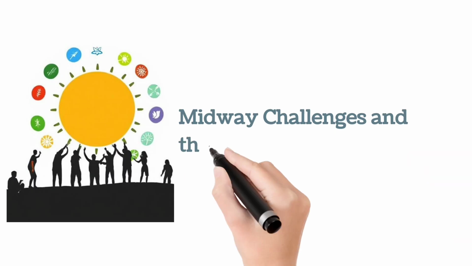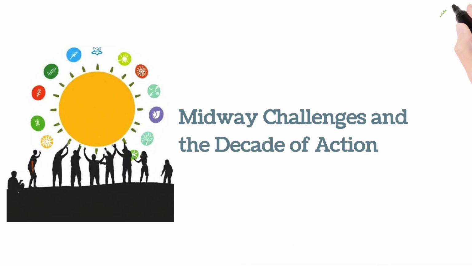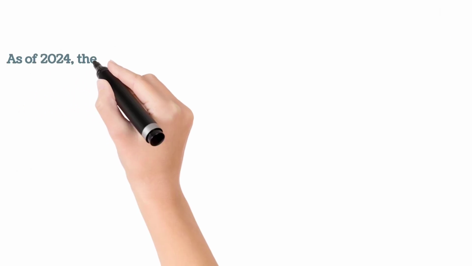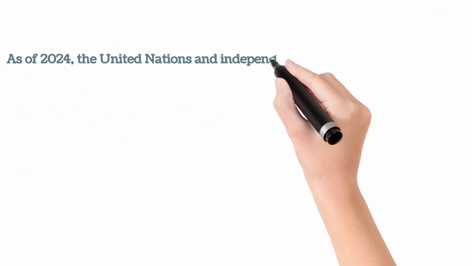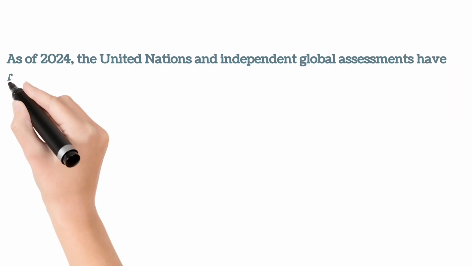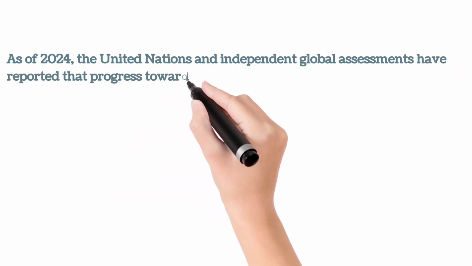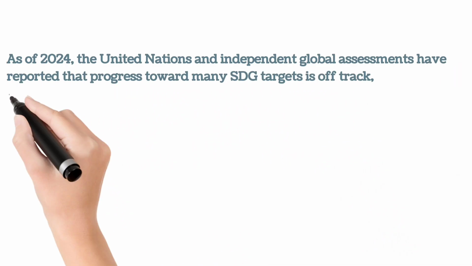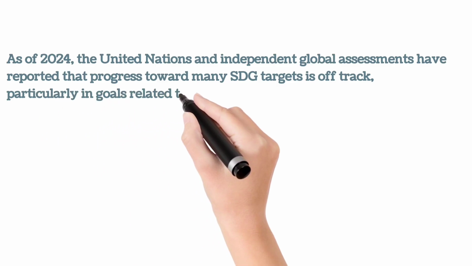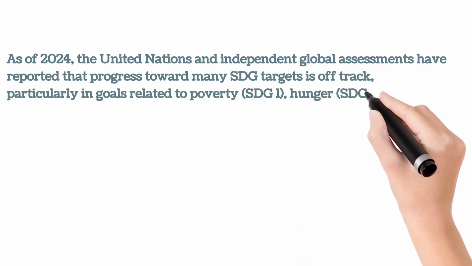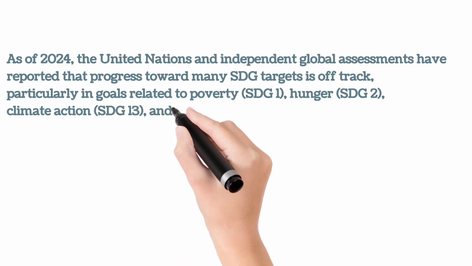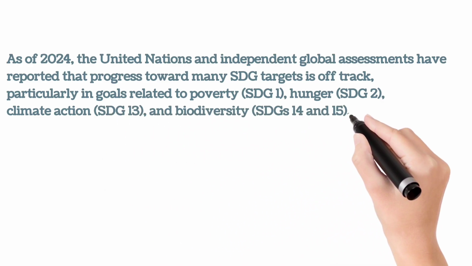Midway challenges and the decade of action. As of 2024, the United Nations and independent global assessments have reported that progress toward many SDG targets is off track, particularly in goals related to poverty, SDG 1, hunger, SDG 2, climate action, SDG 13, and biodiversity, SDGs 14 and 15.